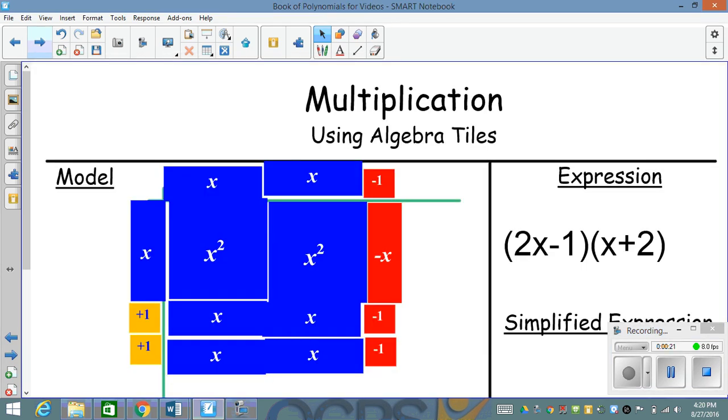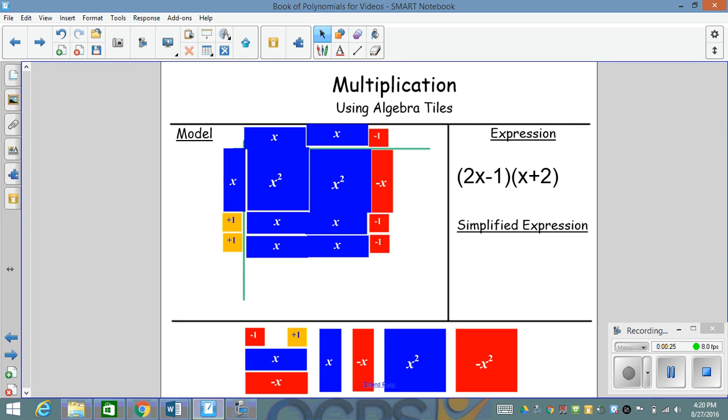Okay, so let's start by taking a look at our algebra tiles example here. I have on the outside my 2x minus 1 and my x plus 2. And on the inside, for each spot, I multiplied that row, that column.